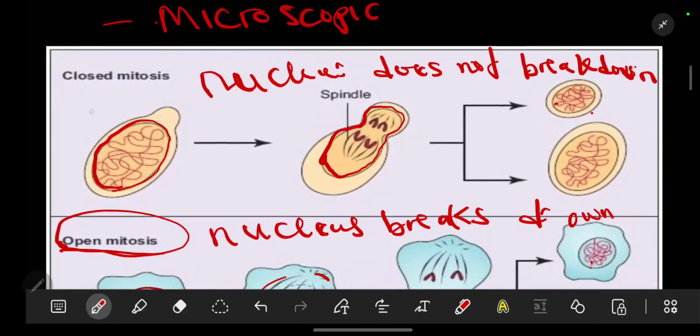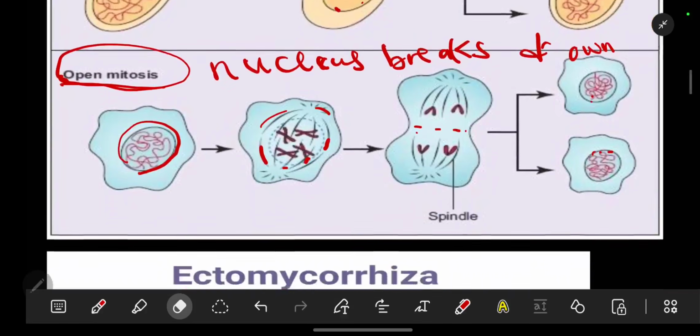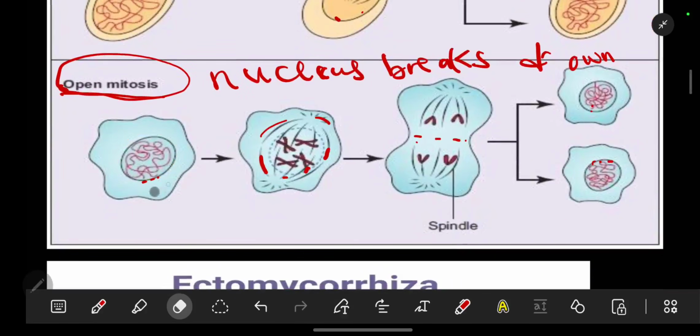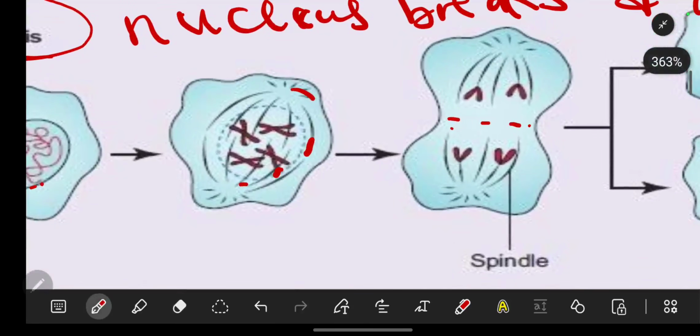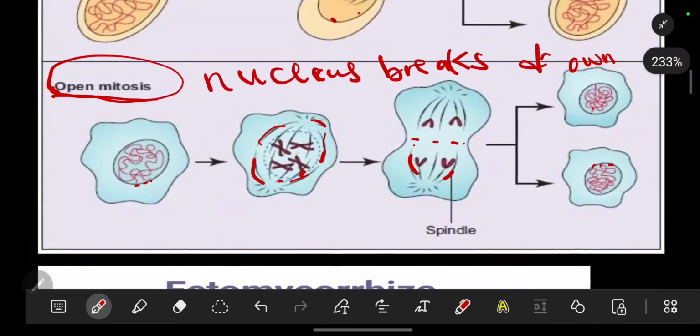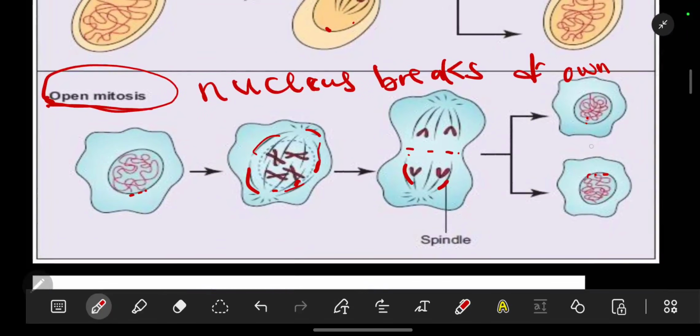So you can just think of it as being closed throughout until it is divided. Then here the nucleus along the way breaks down. As you can see, if I zoom, there are some spaces, indicating that the nucleus has broken down. Finally, they are going to break down into two like that.